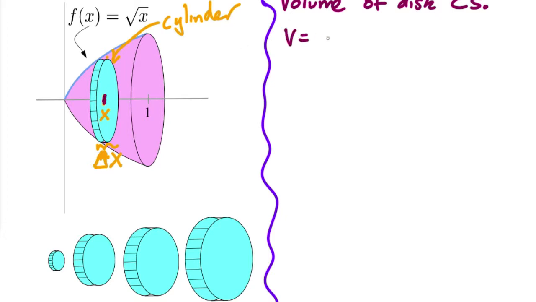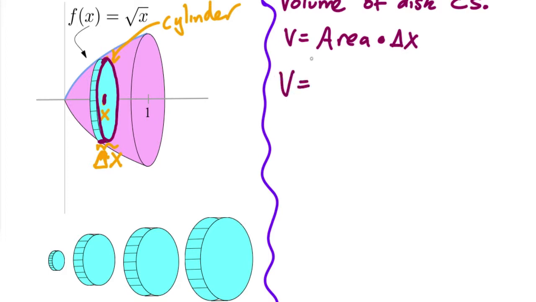So the volume is equal to, I'm going to write it in a special way, the area times delta x. What I mean by that is you find the area of the circle portion, and then you multiply times delta x, which is kind of like the height of the little cylinder. So you always have the delta x in there.